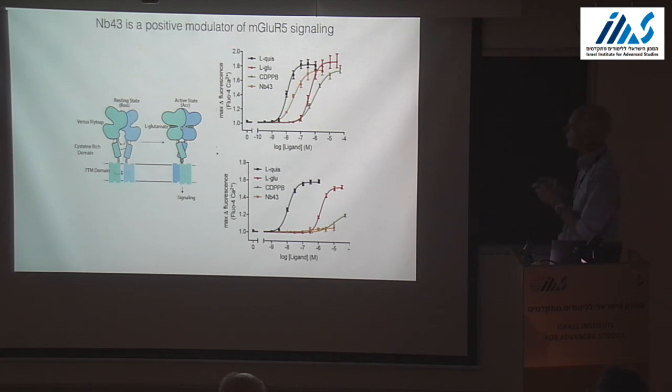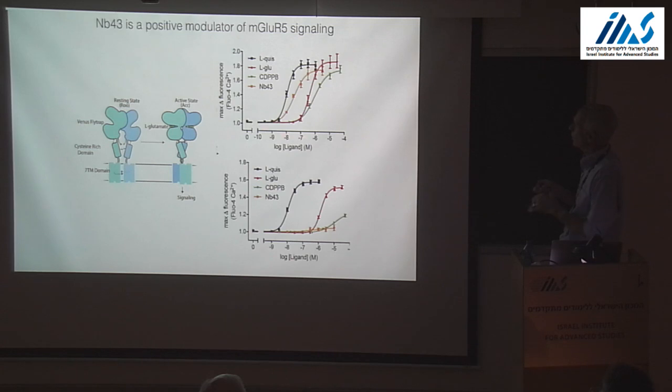So this nanobody, called nanobody 43, this shows the effect of the nanobody in orange here on signaling in cells that have media that probably contains some glutamate.